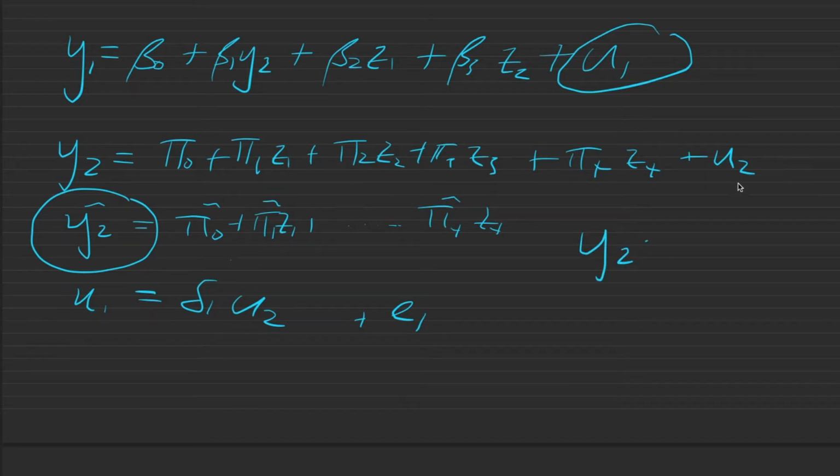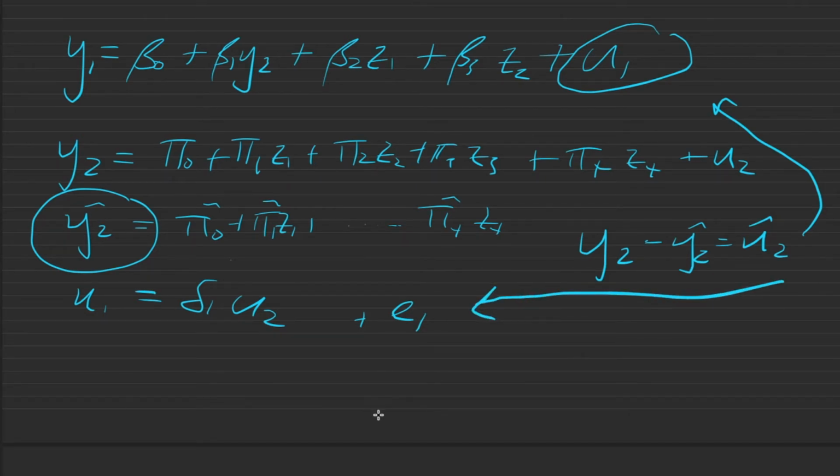For y2, we have y2 minus y2 hat equals u2 hat, and this is the part of y2 that is correlated with u1, and we can write the relationship between u2 and u1 using this equation. So we want to include u2 hat in the structural equation.